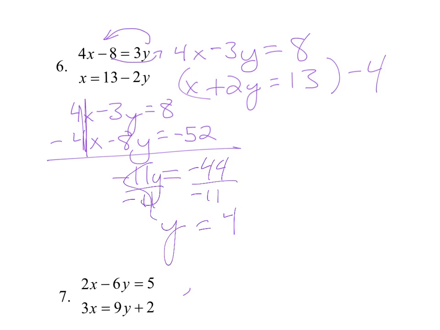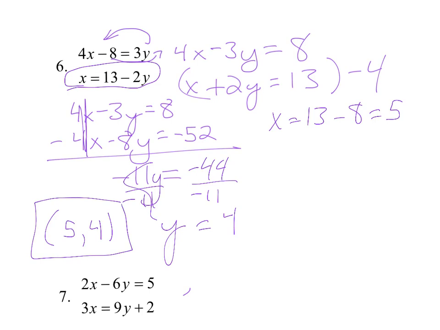I'm going to go back to my x equals equation to find x because that will make my life the easiest. So x is equal to 13 minus 2 times y. Y is 4. 13 minus 8 is 5. So x is 5. So my answer is going to be 5, 4. I'm checking to make sure I got the x and the y in the right place.